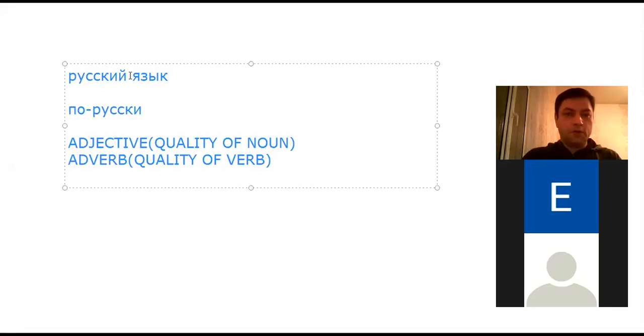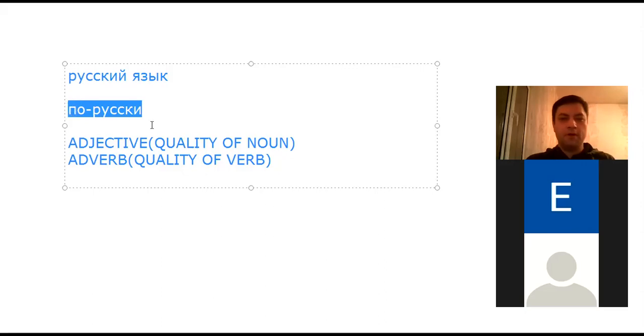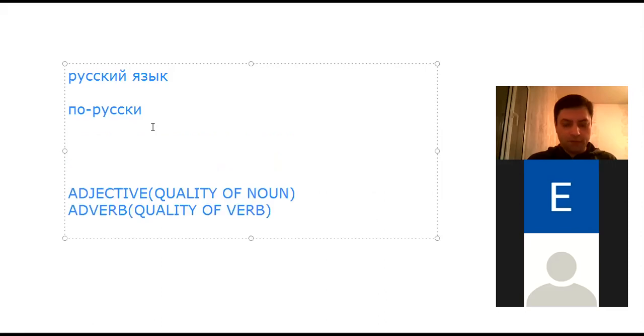So, русский, this word is an adjective, and по-русски is an adverb. Actually, the full translation of this would be in the Russian way.